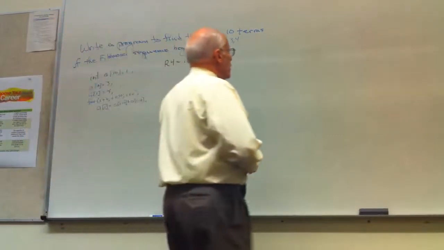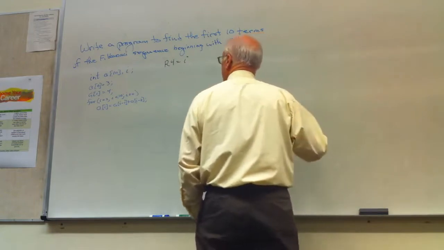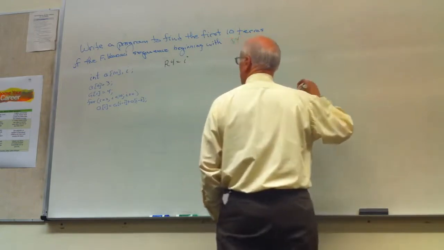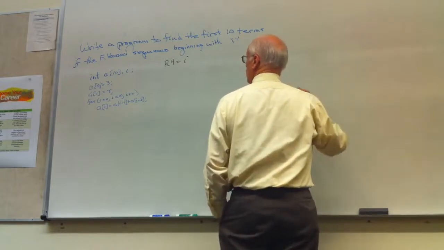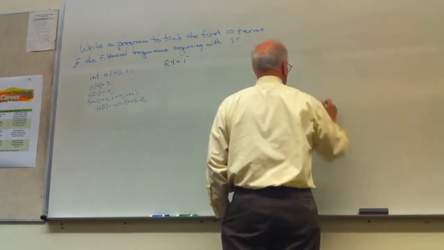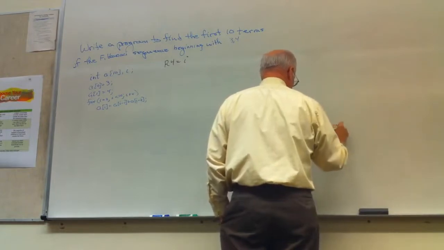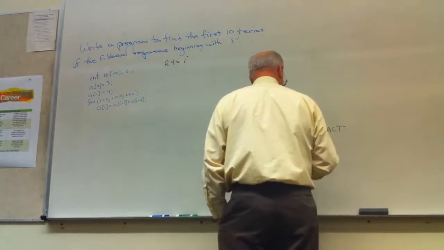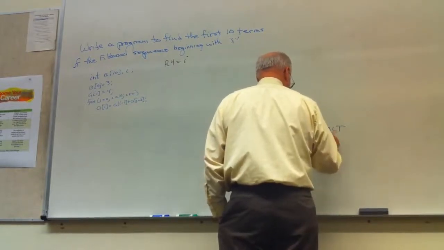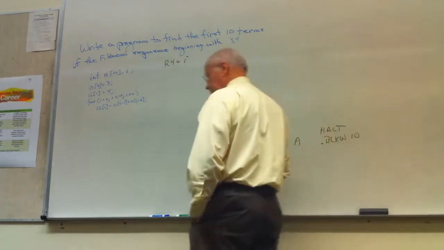Okay, let's see here. So I'm going to do this sort of thing. As I get down here in my code, which I haven't written, I'll get down here to my halt. I'm going to say block word 10.